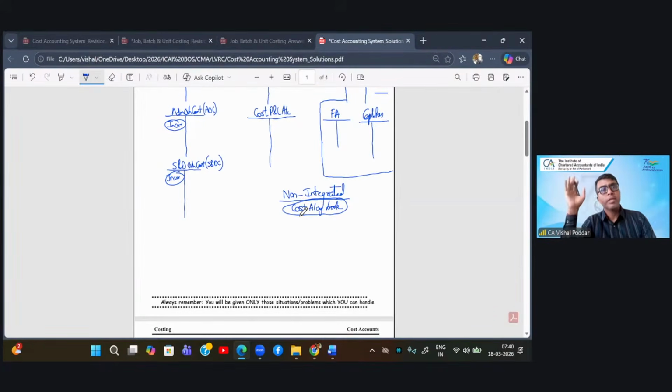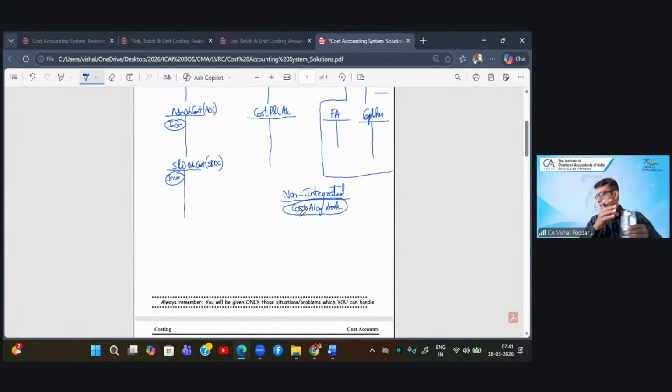These things are required by the financial people and they have all this data in their financial books, on the basis of which they have already prepared the assets and liabilities, that is the balance sheet. I do not need to prepare a balance sheet. See, right from day one of this costing subject, you have never referred to a balance sheet or to your capital accounts. Why? Because these are not required by us in costing. However, I still need all these accounts here to complete the second effect.